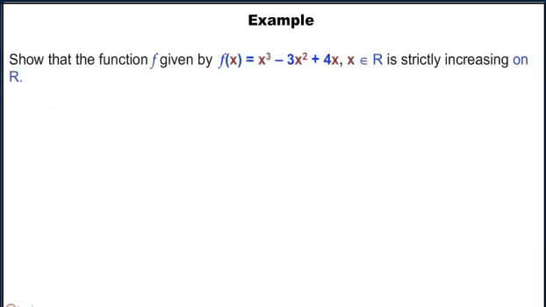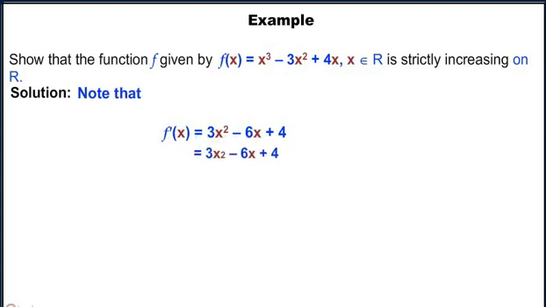Let's take an example. Show that the function f given by f of x equals x cube minus 3x square plus 4x for x belonging to R is strictly increasing on R. Solution: f dash x is equal to 3x square minus 6x plus 4.